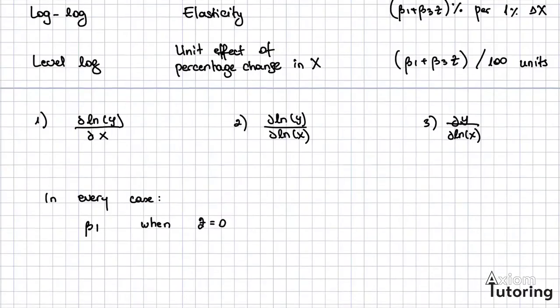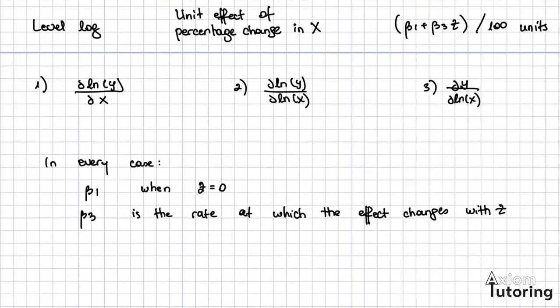Beta 3 is the rate at which the effect changes with z, and beta 1 plus beta 3 z is the full marginal effect.